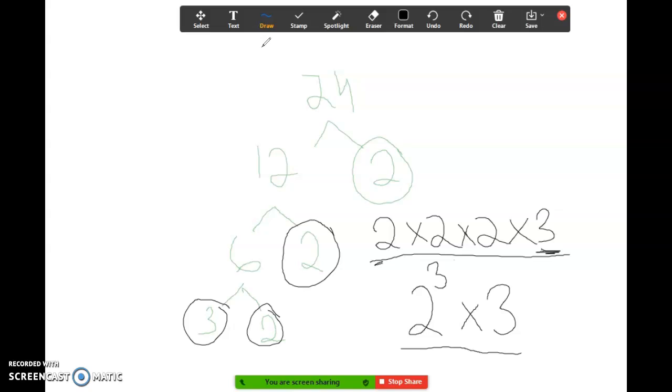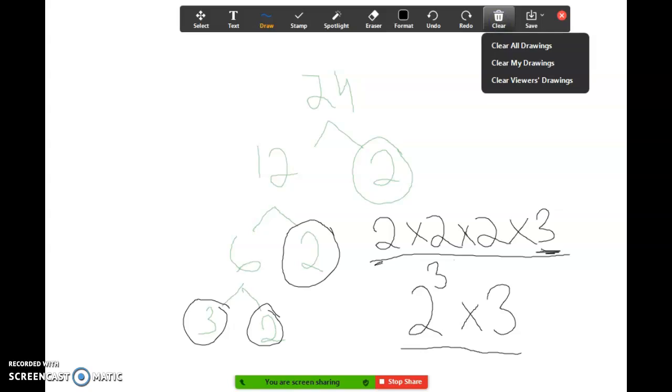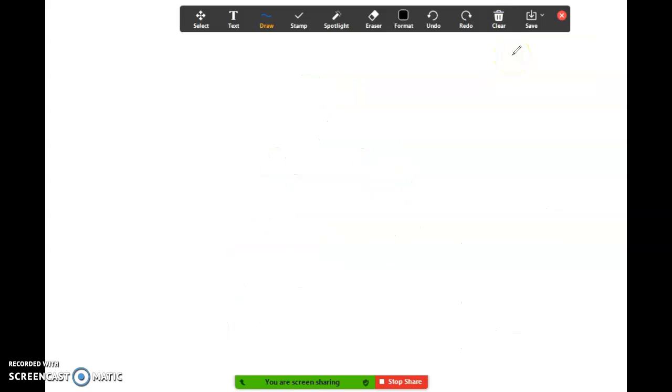Okay, cool. Let's go ahead and clear that. Kohana, how would you rate yourself on the factor tree and then representing your factors as powers and exponents? Well, if I did it again, because I would know it, because my memory was sort of fadey when I first did it.